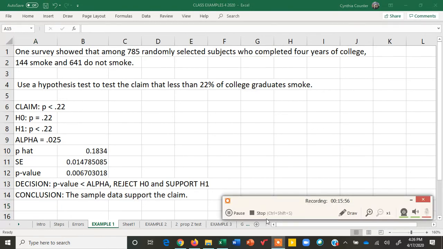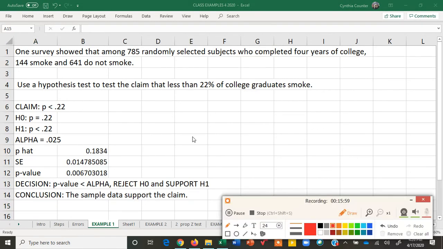Let me go ahead and draw a picture so you can see what's going on, like I've done before. The sampling distribution of the proportion is normal with the mean equal to the assumed parameter, so that would be P equals 0.22.